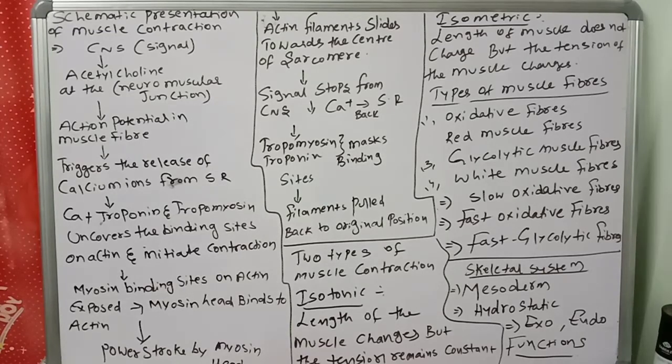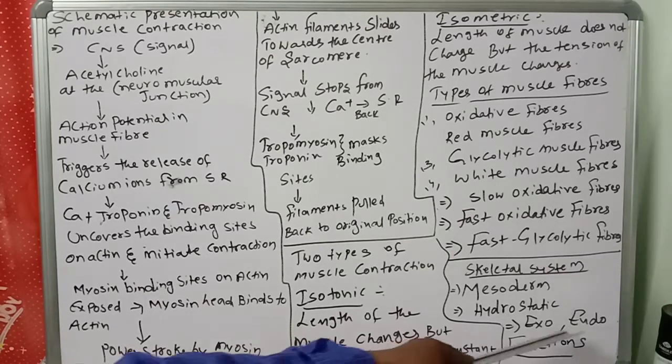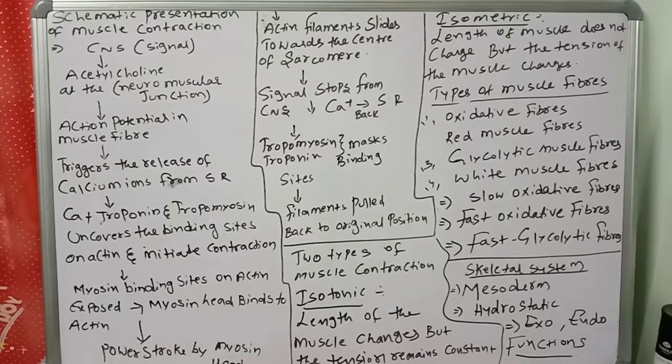Exoskeleton examples are nails, hair, horns, cuticle; these are all exoskeleton. Endoskeleton means the skeleton found inside of the body, like bones and cartilage in vertebrates, surrounded by muscles.